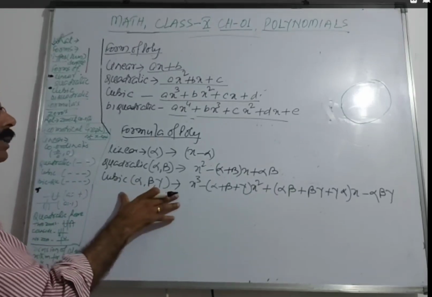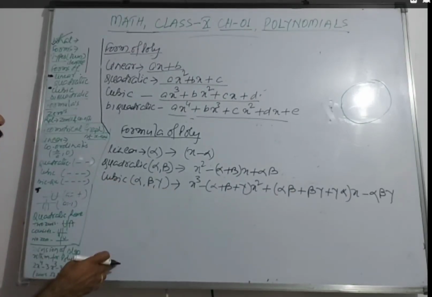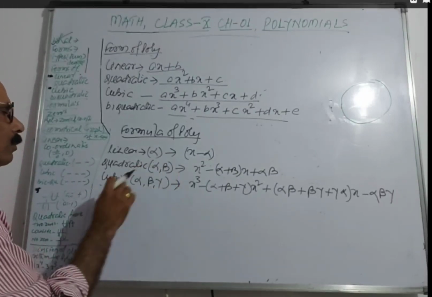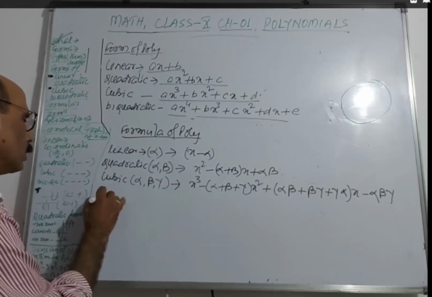Up to here only it is asked. You can write more also, but here no need to explain. Cubic, same form it will go. Let me explain one. Cubic, it is biquadratic.